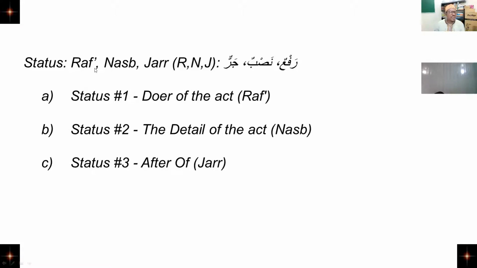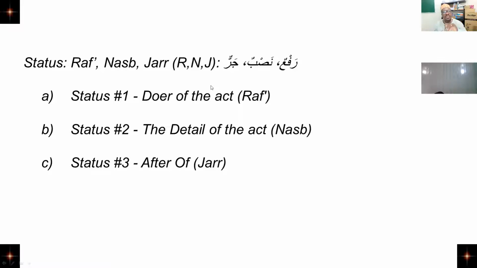But when I write for the school-going child, Rafa, at least he can identify himself with these letters, R-A-F, and this apostrophe as Rafa. Even if he cannot write this, or he's not good at Arabic, at least he can read. Nasb is nasb, jar is jar. So we are just using English letters.